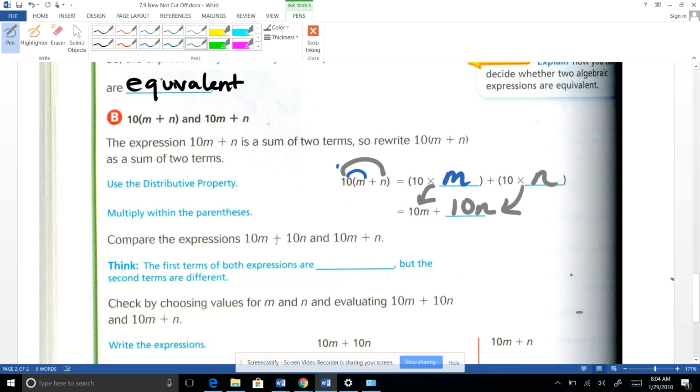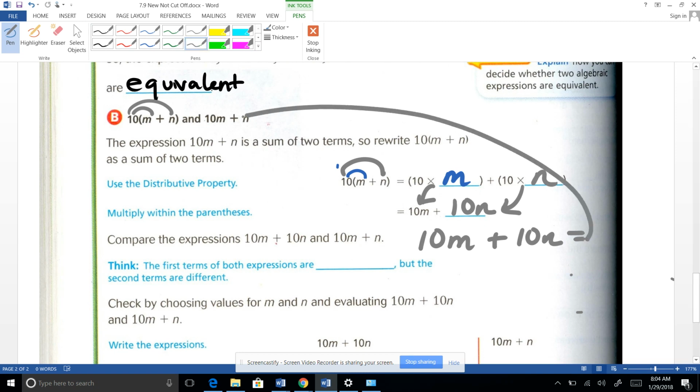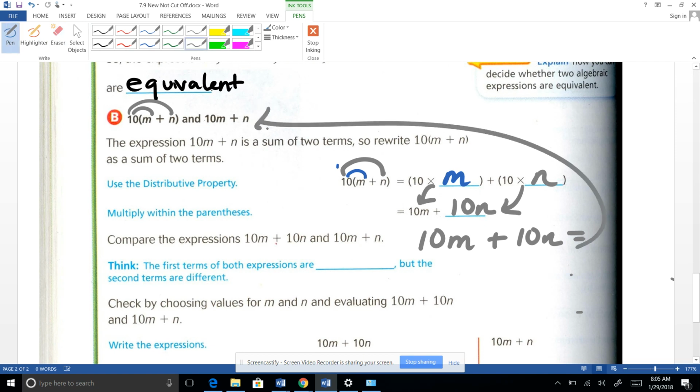And so now we're comparing the expressions. Because remember, look what we did. We used distributive property to kind of factor these two out. And we want to look at whether 10m plus 10n is equivalent to this expression right here. That's the expression we want to determine if it's equivalent. This pen is a little too thick.